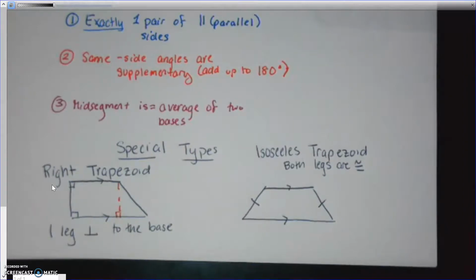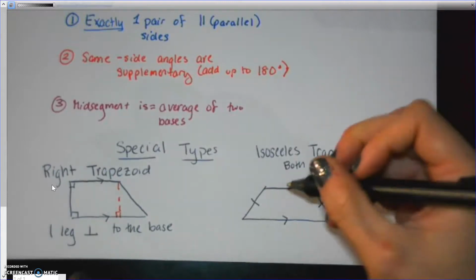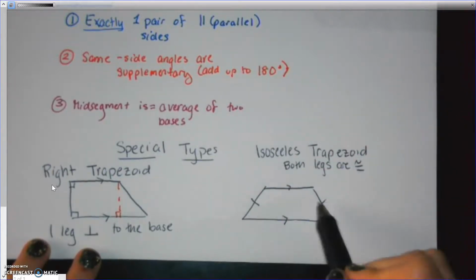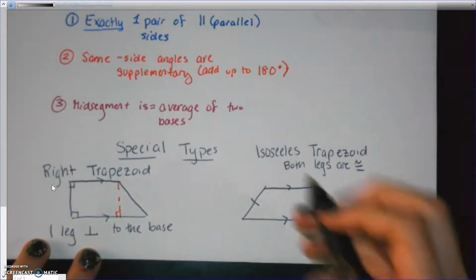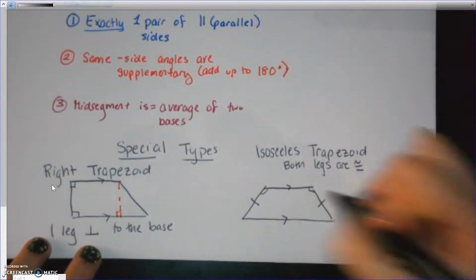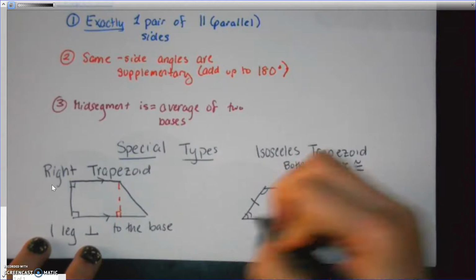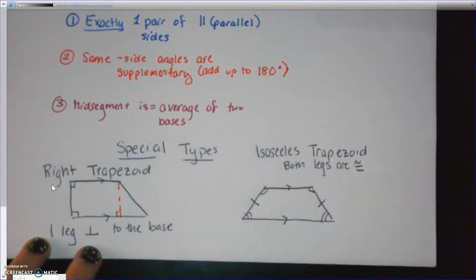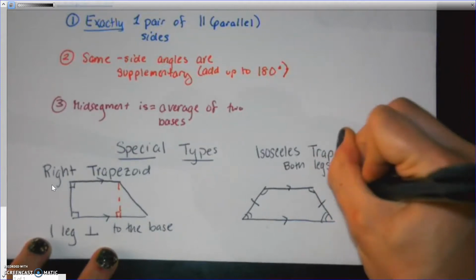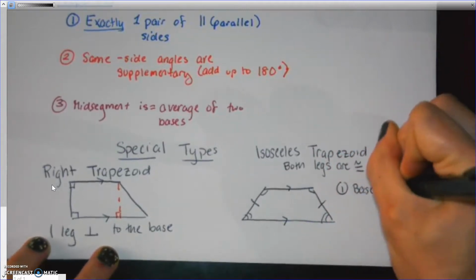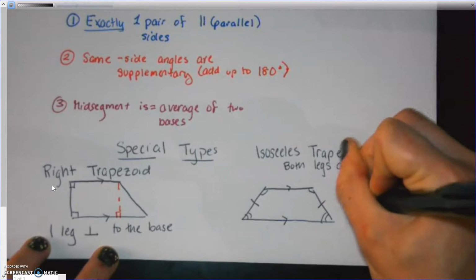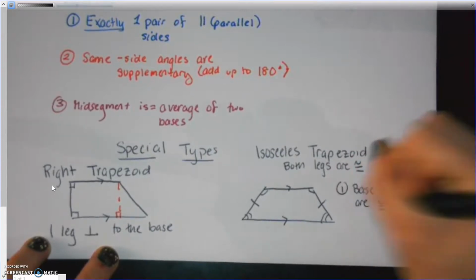Now let's consider what that is going to mean for our figure. It means that these two halves of it are symmetric. So we know that these angles are congruent and these angles are congruent. We are going to call that the base angles are congruent.